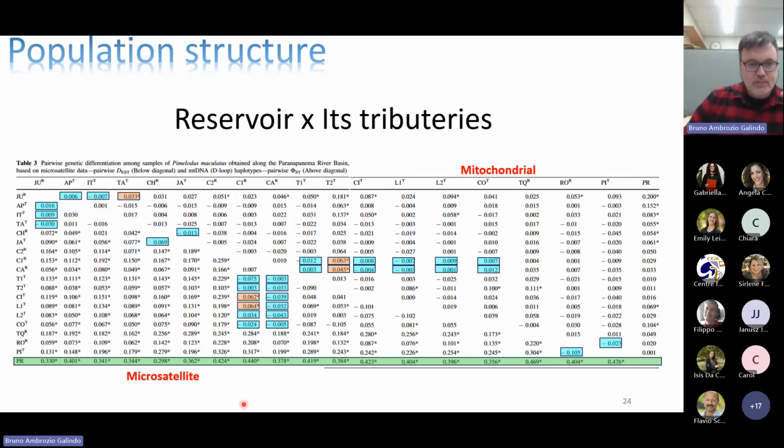So as we can see here, in general, I highlighted all comparisons between reservoir and river, and the reservoir and its tributaries. And we have a predominance of low or non-significant values, which means that between reservoirs and its tributaries, the genetic diversity is pretty homogeneously distributed.